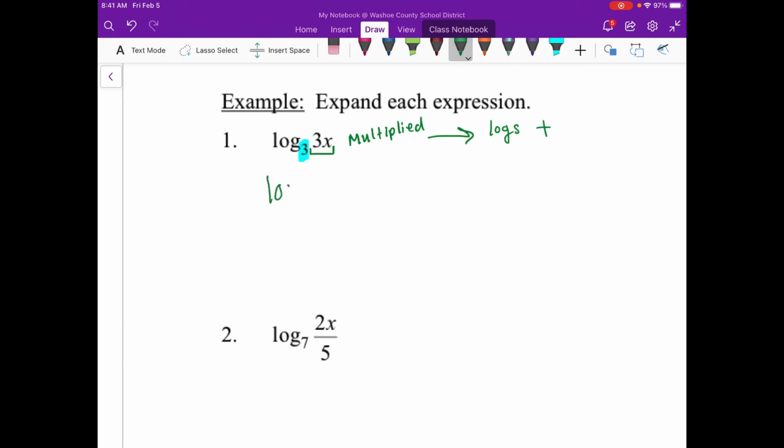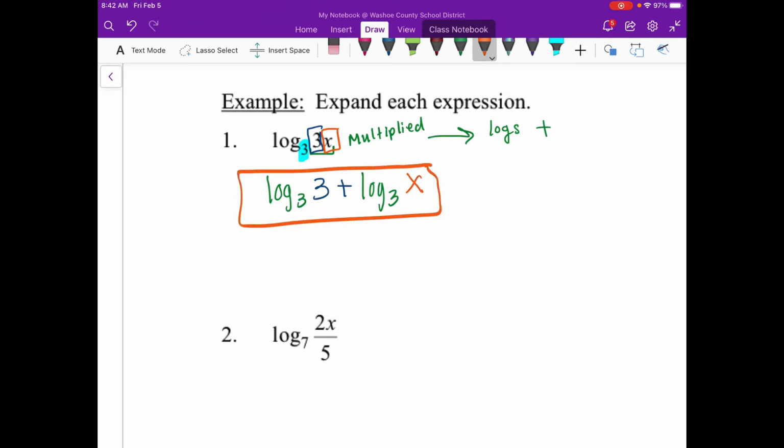So keeping the same base, log base 3, my first term in this case is 3 plus, and then that same log base 3, the second term here is x. And that's it. That's how you expand that expression. So going backwards, taking it one at a time.